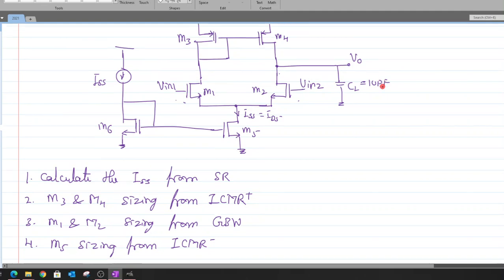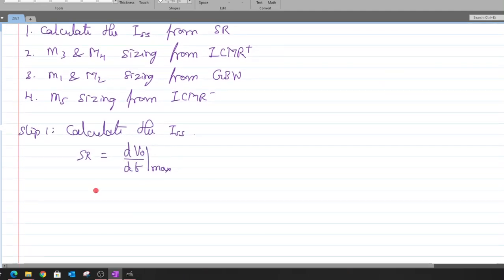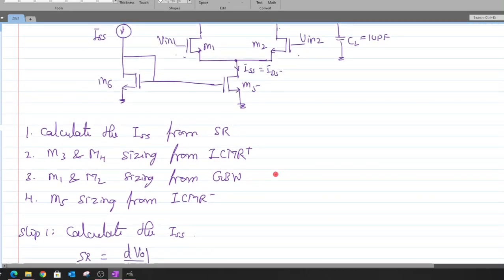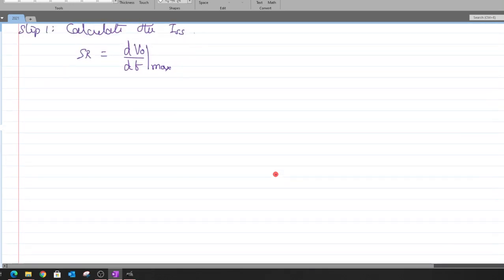Now what I will do next is write down the current ISS that is flowing through the M5 transistor. This ISS can also be defined as dq by dt, because current is basically defined as the movement of charge with respect to time, and also the current through the capacitor.